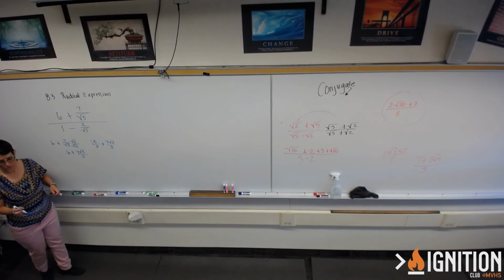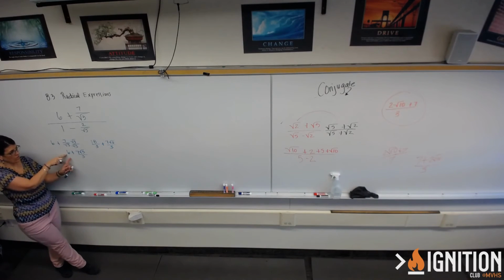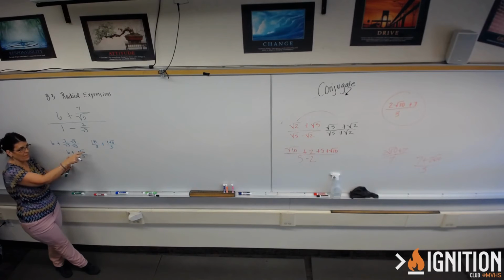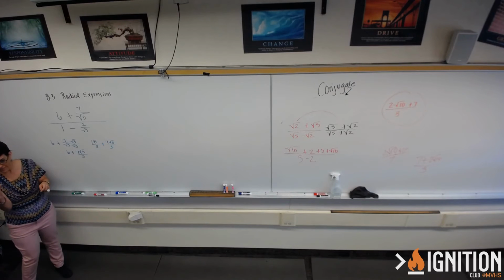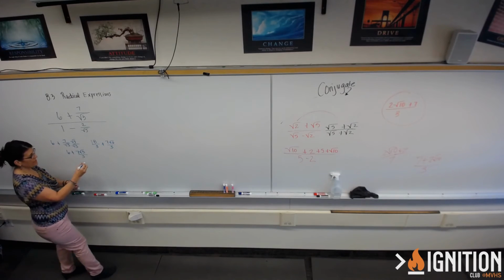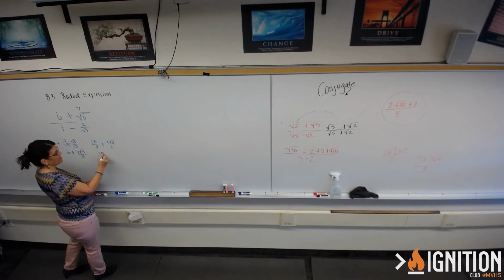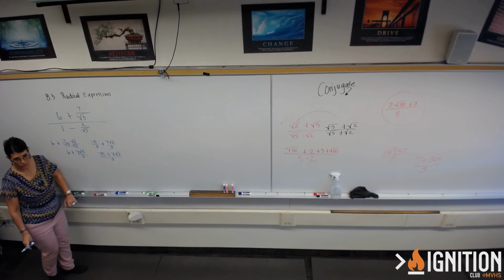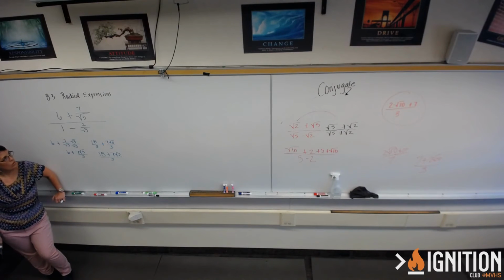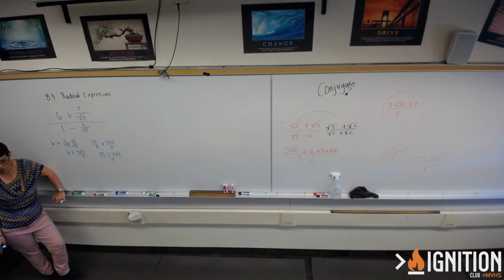I took 6 and made it 18/3. You can add it over one big fraction. I'm going to write it as one fraction. So this now becomes 18 plus 7 root 3 over 3. Yes?